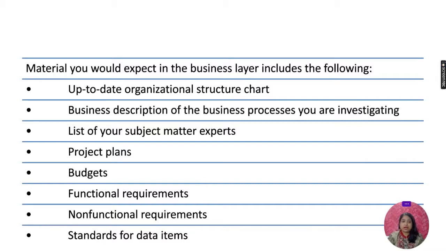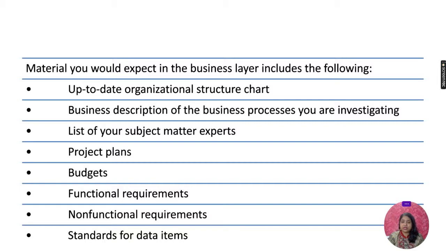So we should have the up-to-date organization structure chart. Then we should have the business description of the business process we are investigating, the list of subject matter experts. We should have the project plan, what our budget is also important, functional requirement, non-functional requirement, and standards for data items.